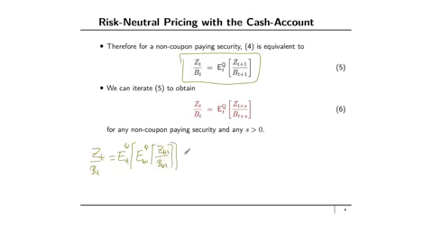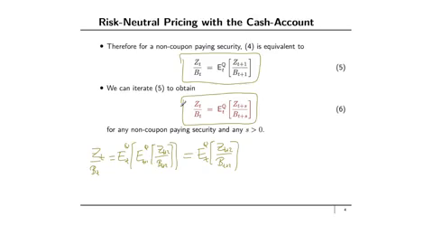And using the law of iterated expectations, this is equal to the expected value conditional on time t information of Z_{t+2} over B_{t+2}. And I could repeat the same trick again and again, and so it's easy to see that this condition holds. So this is our risk-neutral pricing condition for a non-coupon or non-dividend paying security.